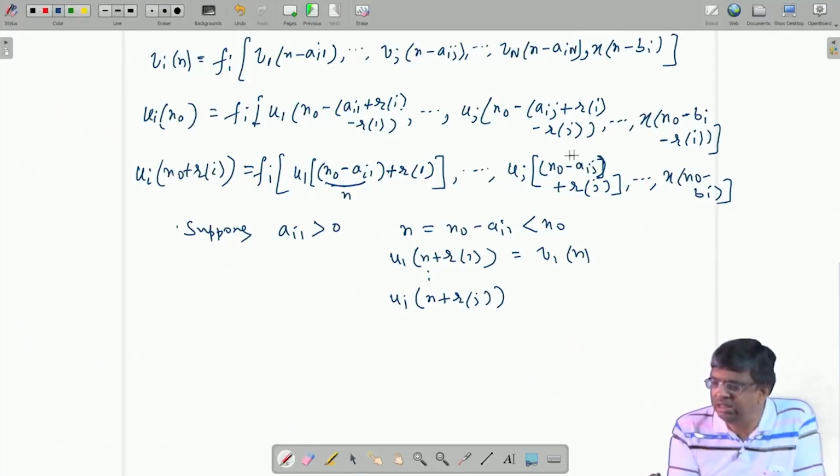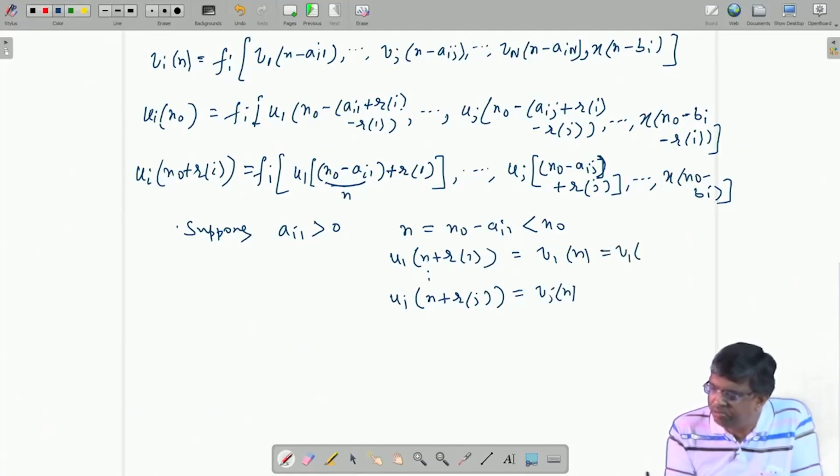So, n is less than n naught. So, again my induction assumption works, uj n plus rj, that is advanced by rj, will be the same as vj at n. And n means here what is n? I replace n by what I took.